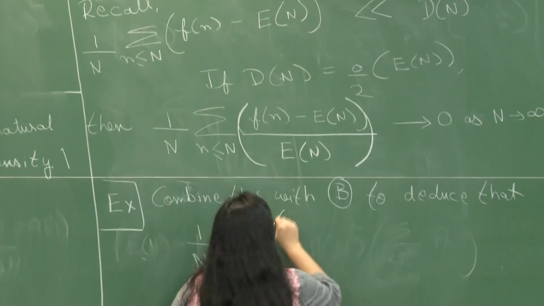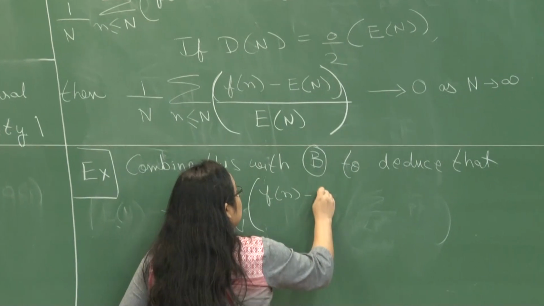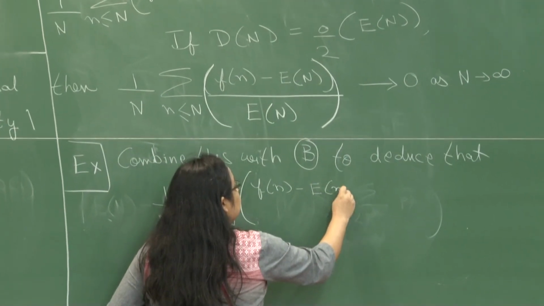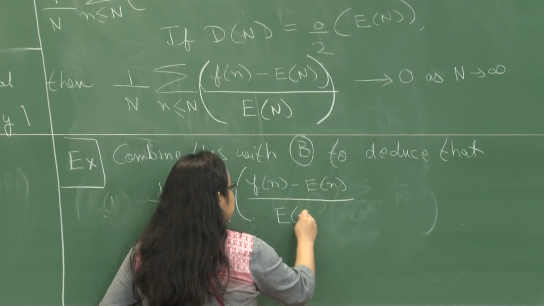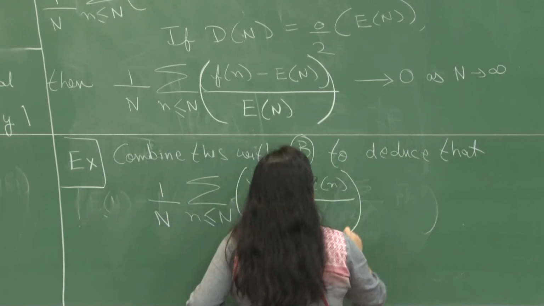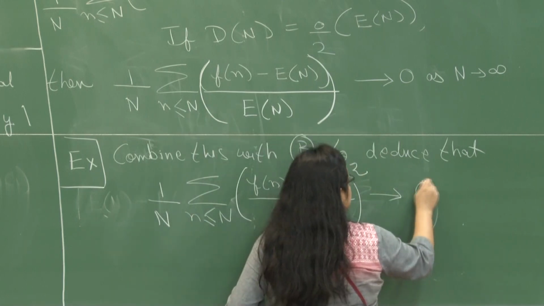This over E of n whole square goes to 0.